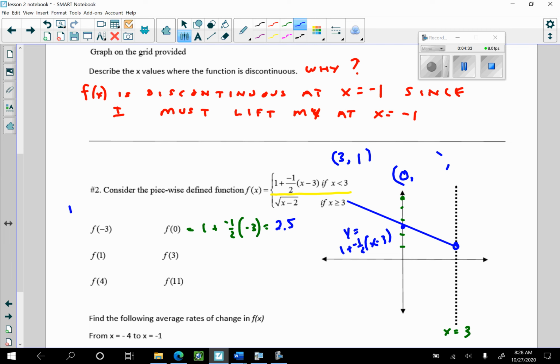F of negative 3 is going to be 1 plus negative 1/2 times (negative 3 minus 3), putting negative 3 into that, that's negative 6. Negative 6 times negative 1/2 is positive 3, so this is going to be 1 plus 3, which is 4. That is this point right here, (negative 3, 4).